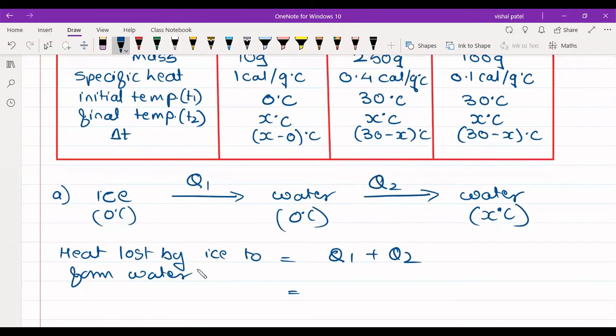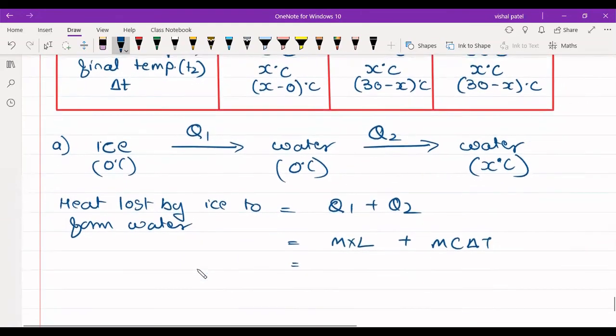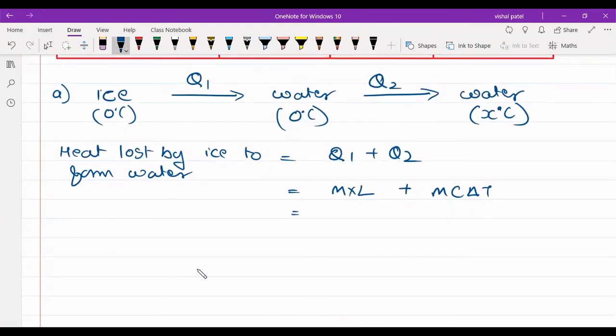Now, in Q1, I will take M into L because ice is converting to water. And here I'll take M C delta T. Right? And they have given the mass. The mass is given as 10.